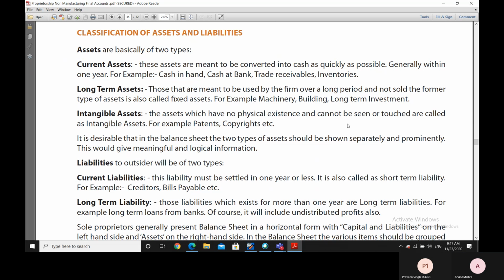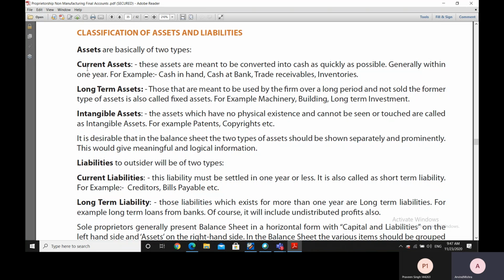Now, assets are normally divided into two types: the current assets and the long-term assets. And among the current assets, we include those assets which can be converted into cash as quickly as possible, and generally within 1 year.